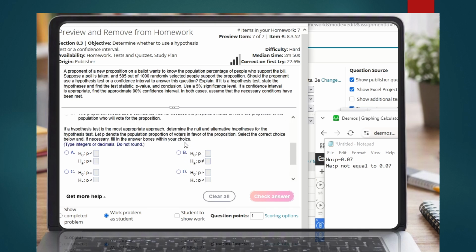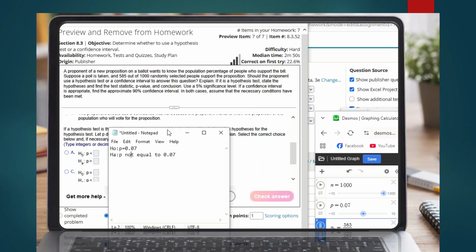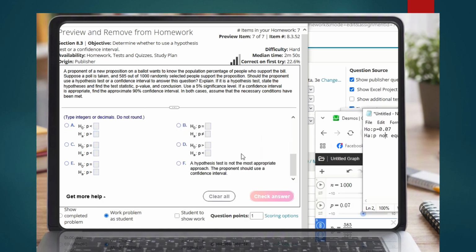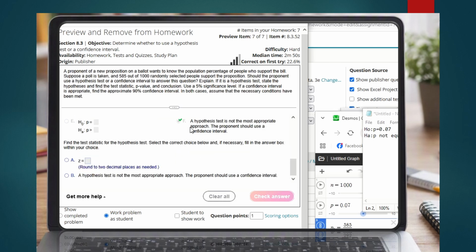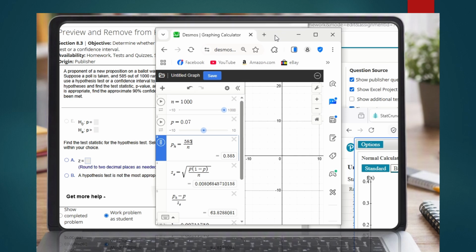So now we'll go through these series of scenarios. We're not using the hypothesis test, so it would automatically not be appropriate. We don't have a status quo. And for entering a test statistic, the z-score, we would have to have a p to base it on to get the z-score.